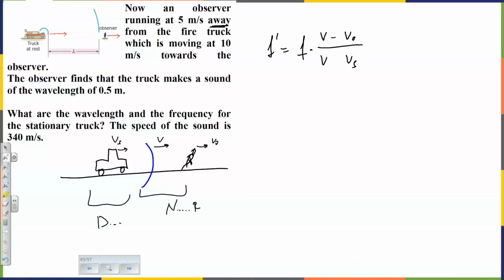The denominator. Oh, that watch is slow by 2 minutes. All right, I'm just going to add this. That should be another minus. In front of the source, wavefronts shrink, frequency goes up, and I'm going to start from this tomorrow.